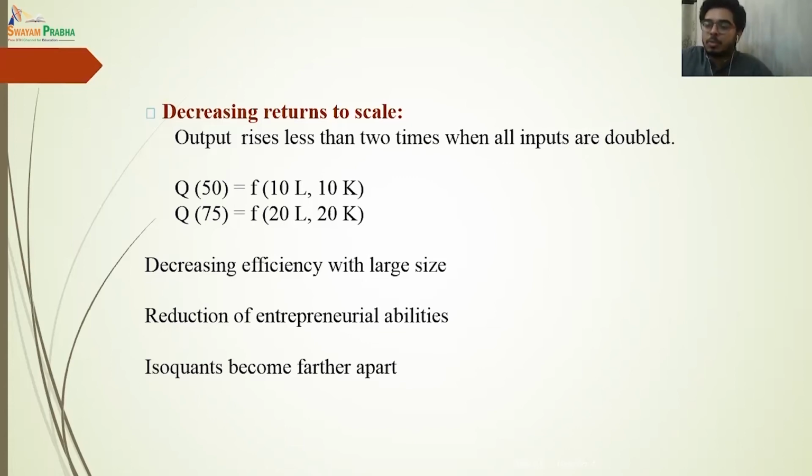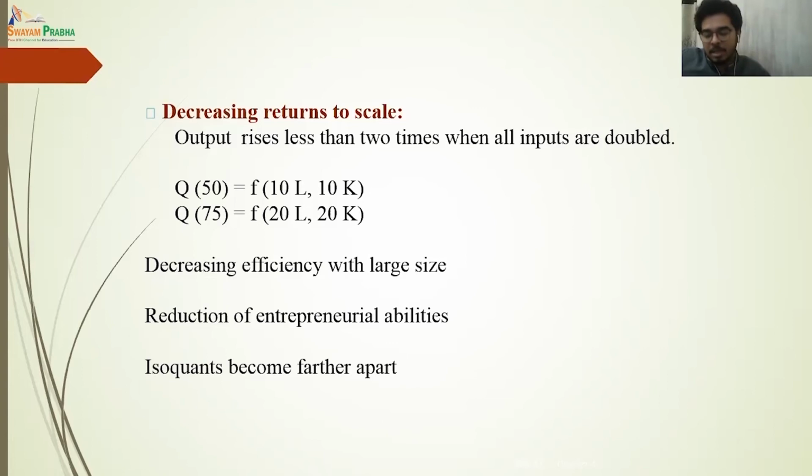So this happens generally in a particular industry. It can be just a 2-person industry, a 5-person industry, or a 50,000-person industry. So it all matters how you manage within. A decreasing efficiency with large size may happen, where we can find decreasing returns to scale.